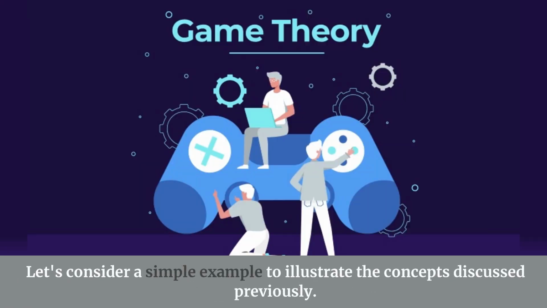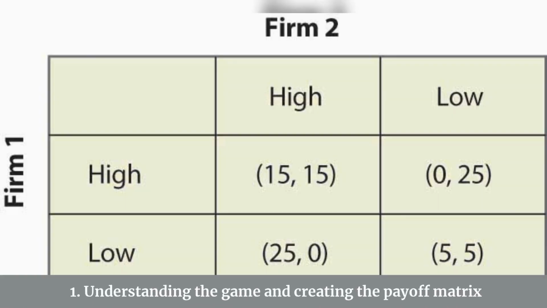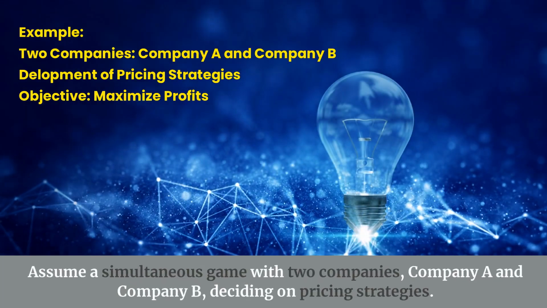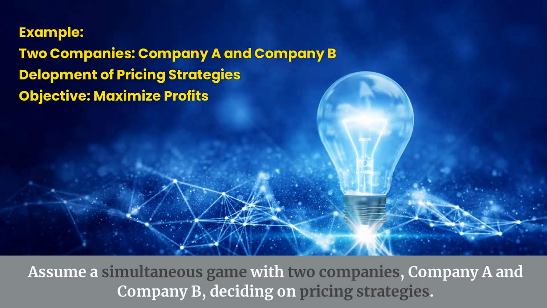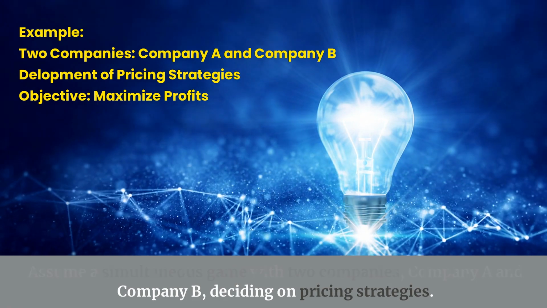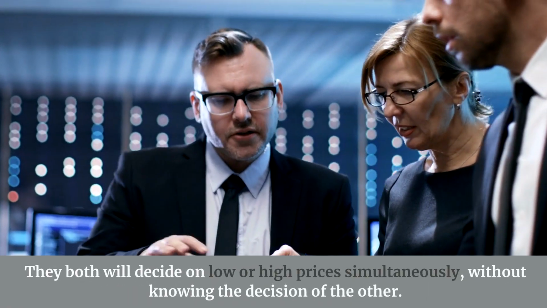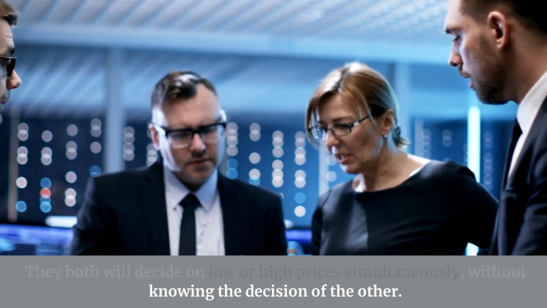Let's consider a simple example to illustrate the concepts discussed previously. 1. Understanding the game and creating the payoff matrix. Assume a simultaneous game with two companies, Company A and Company B, deciding on pricing strategies. They both will decide on low or high prices simultaneously, without knowing the decision of the other.